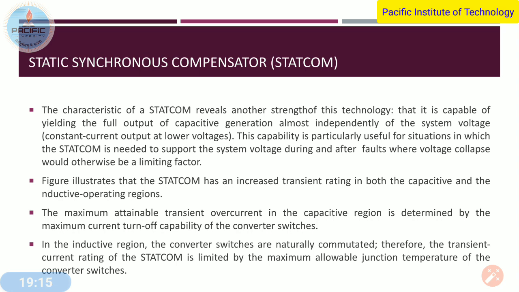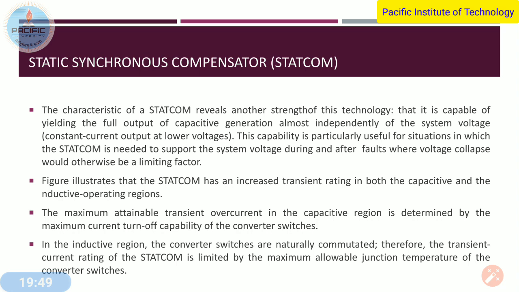Now the characteristic of STATCOM reveals another strength of this technology. What is the strength? It is capable of yielding the full output of capacitive generation almost independently of system voltage. That is, the output capacitive generation does not depend upon the system voltage. As we discussed in the previous slide, it can provide capacitive power generation as low as 0.15 per unit of the system voltage.